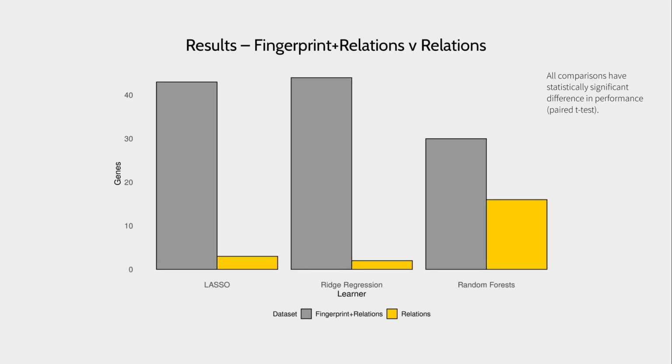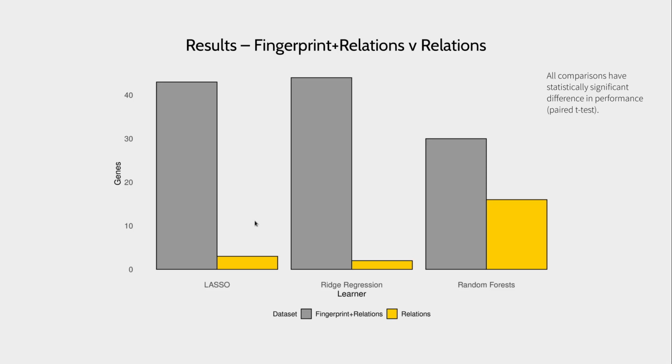Then we compared a case where instead of using each dataset independently, we concatenated them. So we concatenated the Morgan fingerprints and the relational features, the drug features, together, and we used it in building models. And we see that things are slightly different in this case.